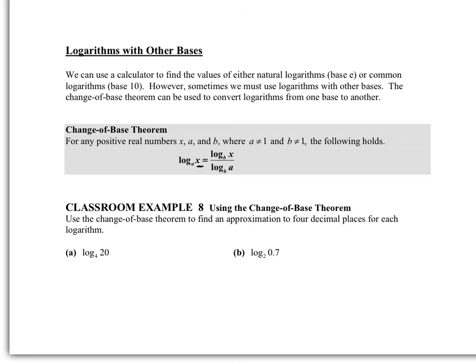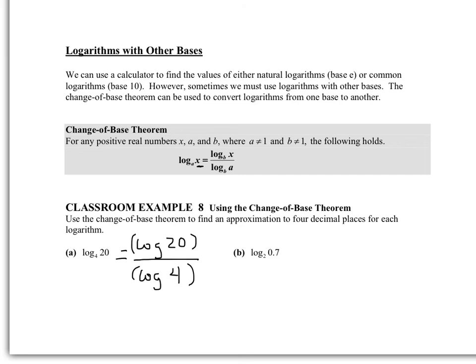And that would tell us that for log base 4 of 20, if we were to type log 20, now remember in your calculator you'll want to put that in parentheses, then divide it by, in another parentheses, the log of 4, we will be able to get the correct answer.